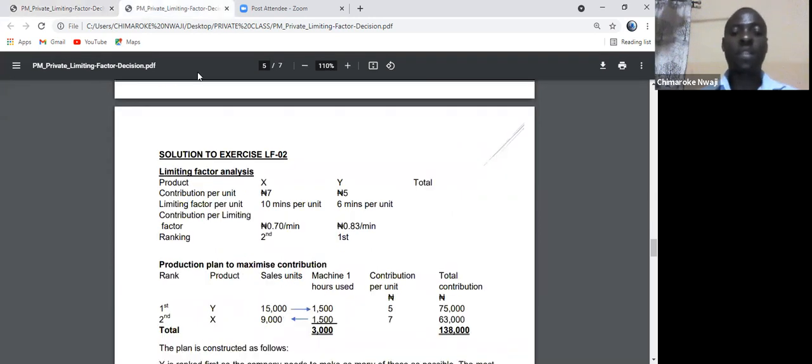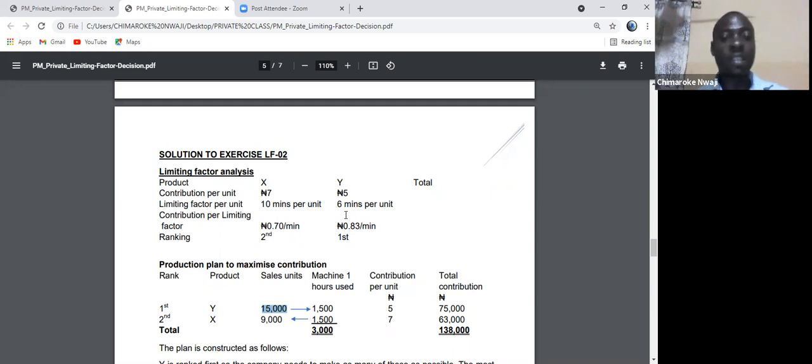All right, so let's do it. If we are to use 15,000 units, how many machine hours will it use? Remember what we did here. Remember we said 6 minutes in 1 unit. If you want to make it per hour, you can simply say 6 divided by 60.